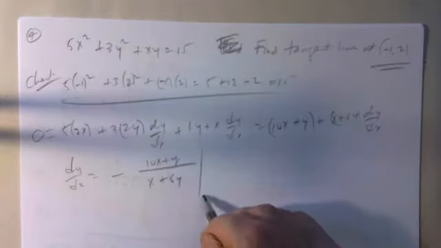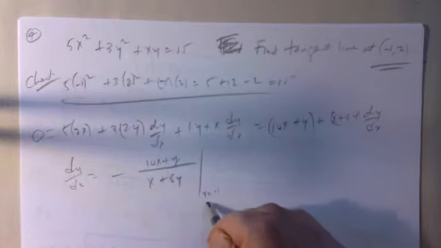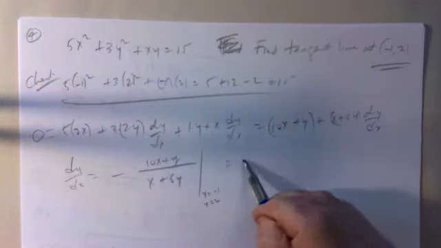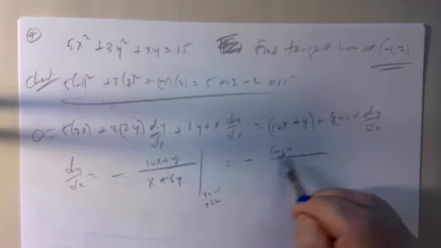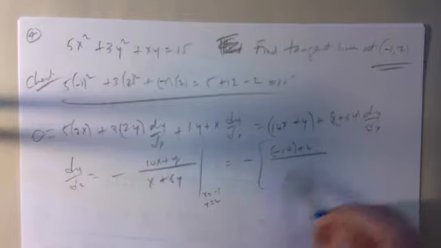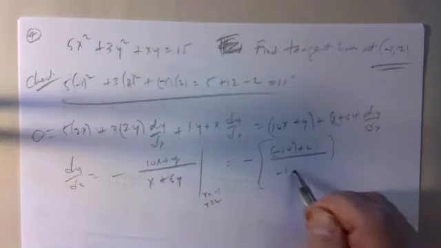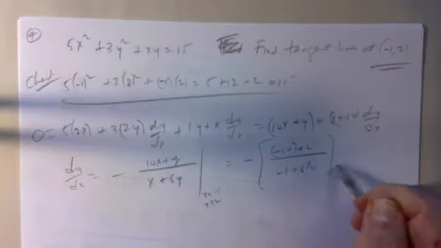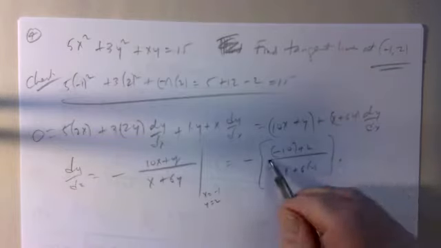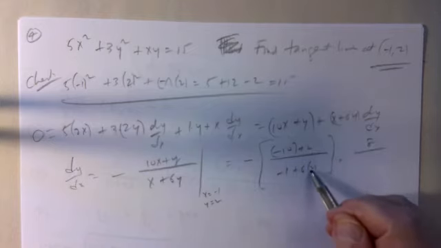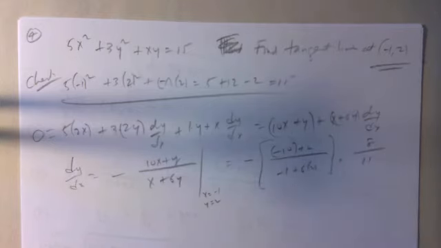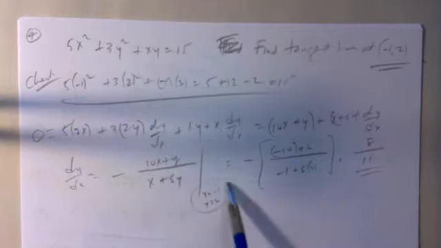And when you evaluate that at the point x equal minus 1 and y equals 2, you get minus 10 plus 2 over minus 1 plus 6 times 2. So that's minus 8 over 12 minus 1. So this is the slope of the tangent line at this point.